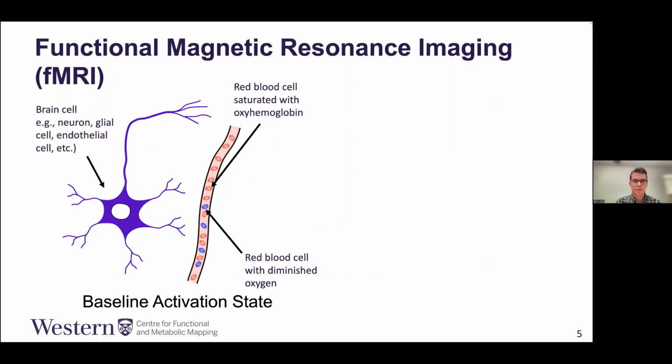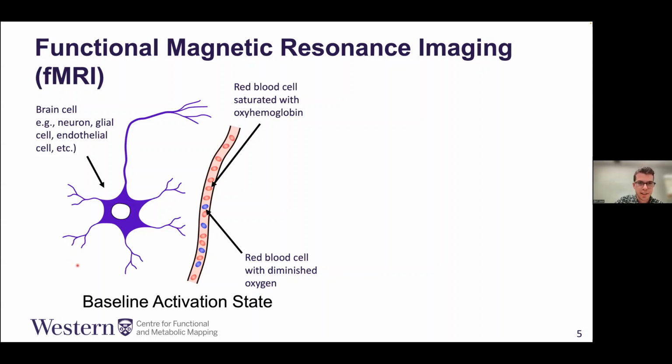So functional magnetic resonance imaging is an application of MRI where we can basically infer brain activity from hemodynamics. So the mechanism basically works as follows. We have a brain cell, and it requires some baseline amount of oxygen to continue functioning at baseline levels.